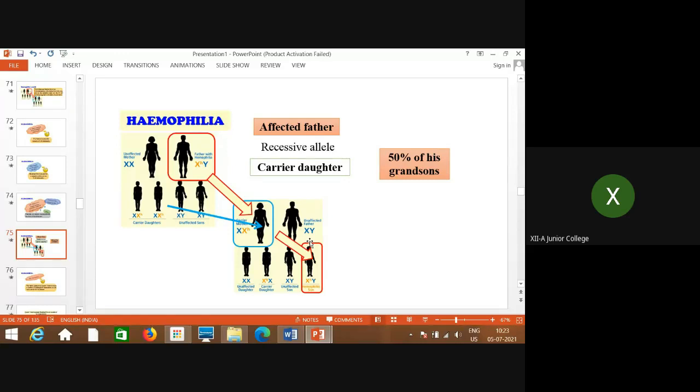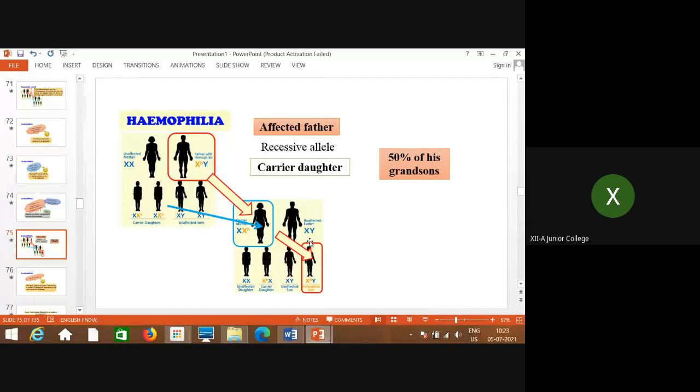They are just carriers. So how is it passed? Again, a similar example to what we just discussed before this, that is color blindness. The affected father, which is carrying the gene in the recessive condition, transmits it to the daughter who works as a carrier, and then from this carrier daughter it is passed to her son.